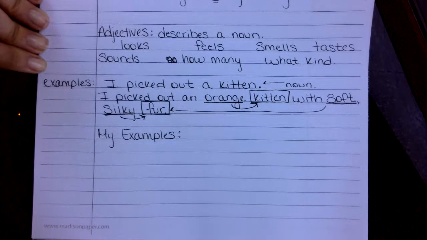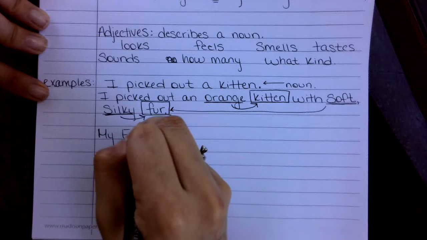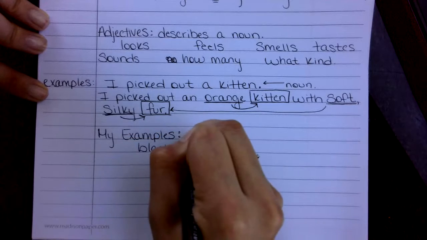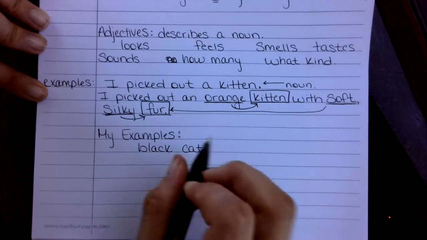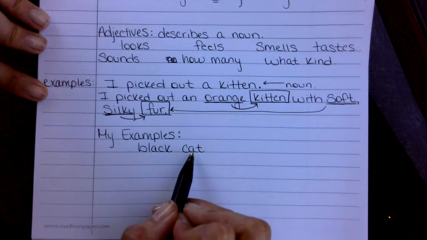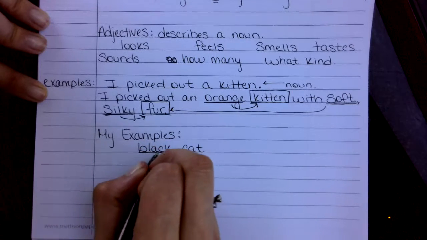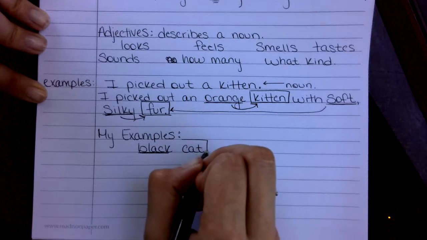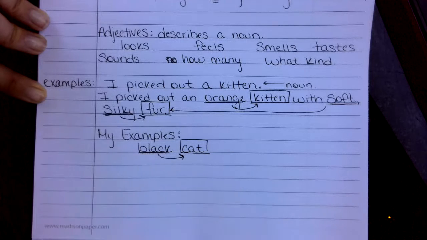He's sitting on the chair over there soaking up some sunshine. So, he's a black cat. So all you need to write down is the adjective and the noun. So underline your adjective. Black describes my cat's fur. Black cat.